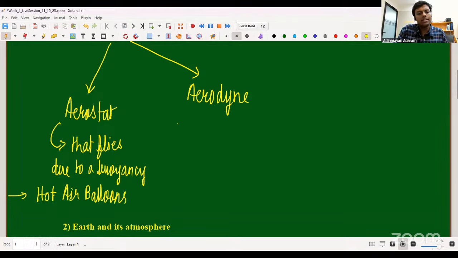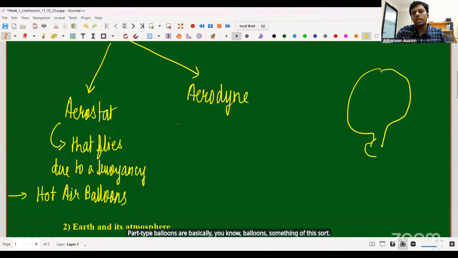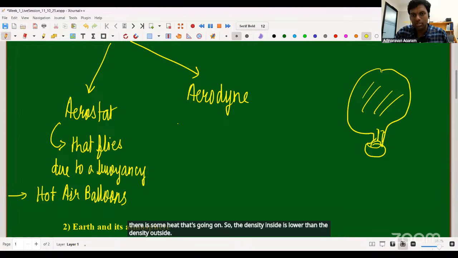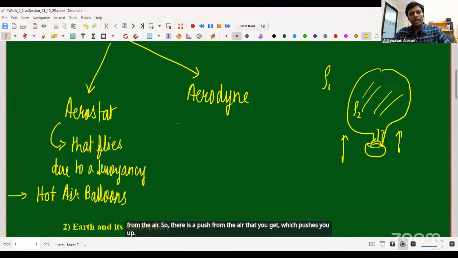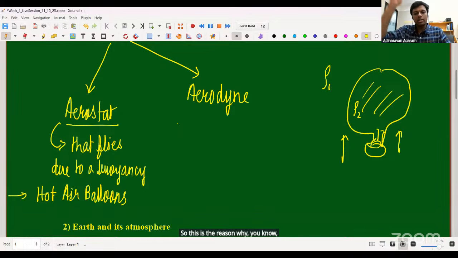There is some heat going on, so the density inside is lower than the density outside in the atmosphere. Say this is density rho one and this is density rho two. The density inside is lower, and hence there is a push that you get from the air, which pushes you up. This is the reason why aerostats go above. They go into the atmosphere. They stay in the atmosphere.